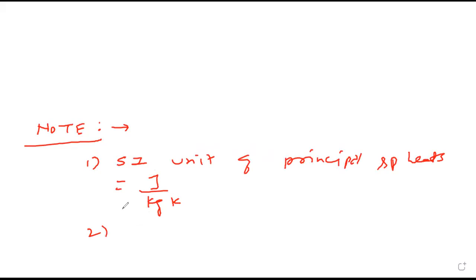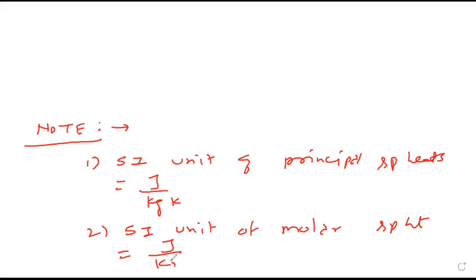So whenever it is given in joules per kg Kelvin, you can recollect it as principal because it is for unit mass. And SI unit of molar specific heat will be joule per kilomole Kelvin. When it is per mole or per kilomole, it is molar. When it is per kg, then it is called principal. Write these 2 points again.